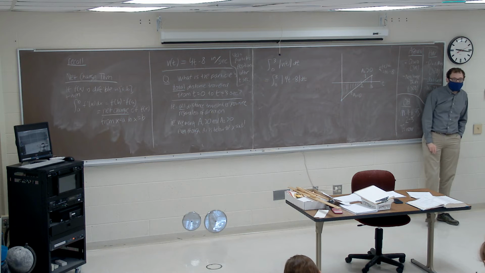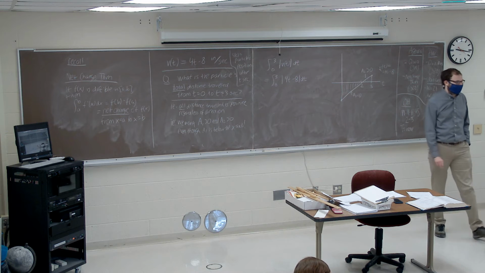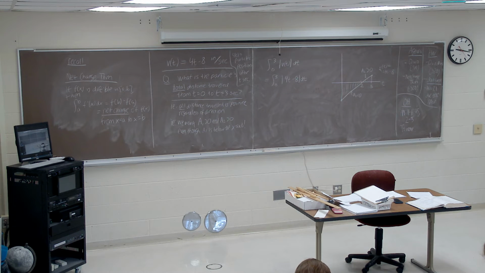Let's see. Who do I want to be mean to? All right, Wayne, I'll be mean to you. What's your favorite antiderivative of the absolute value of 4t minus 8? 2t squared plus 8t?